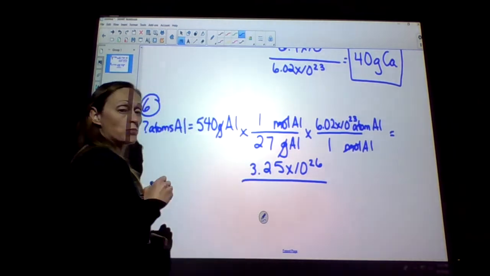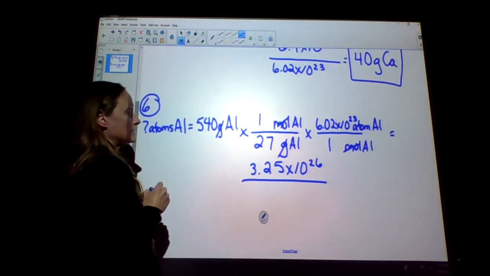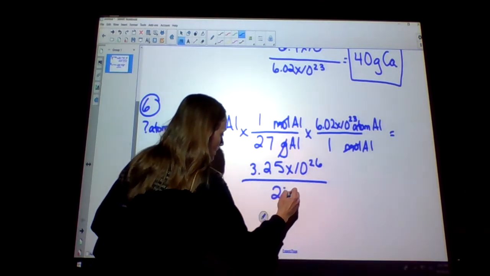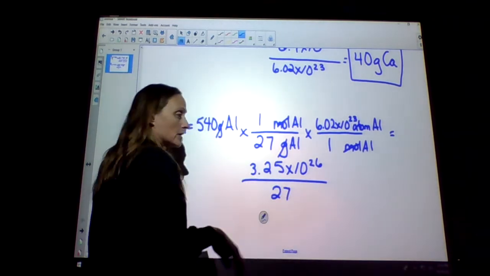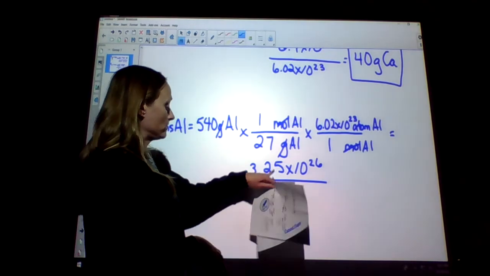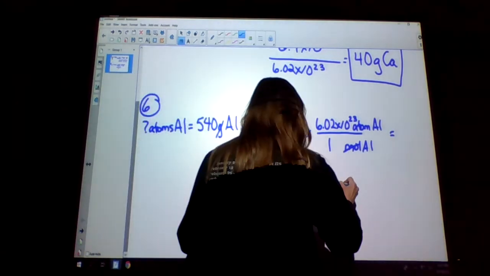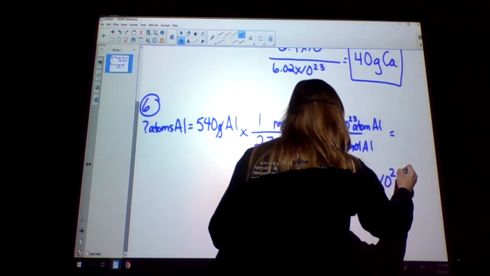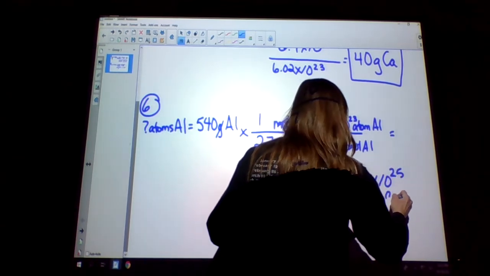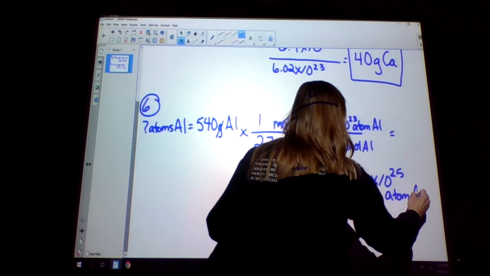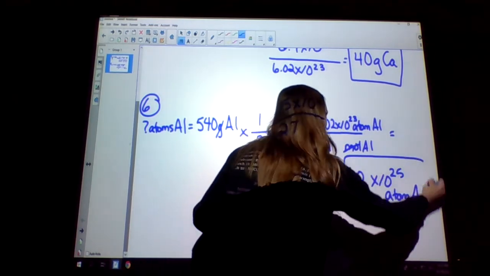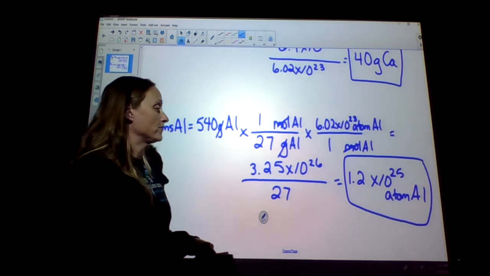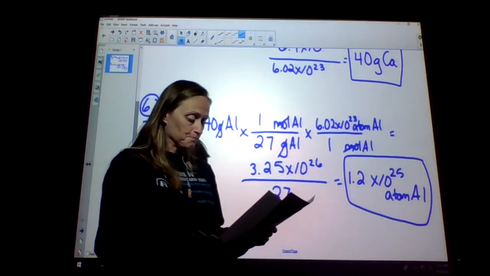We get 3.25 times 10 to the 26th. We're going to take 27 times 1, which is 27. Now clear your calculator out, divide those two numbers. And you're going to get 1.25 times 10 to the 25th atoms of aluminum.